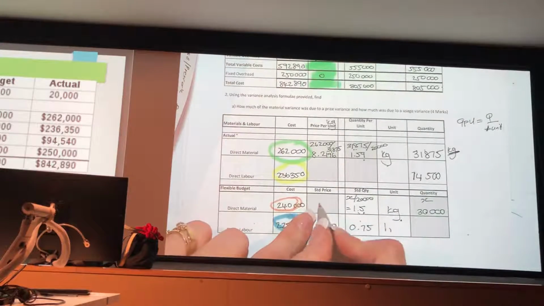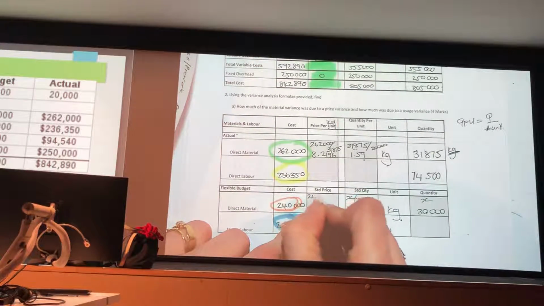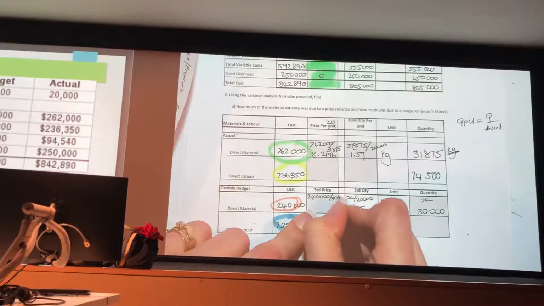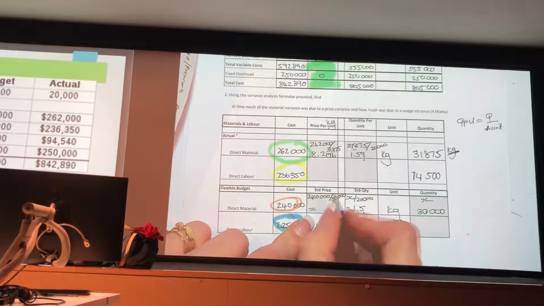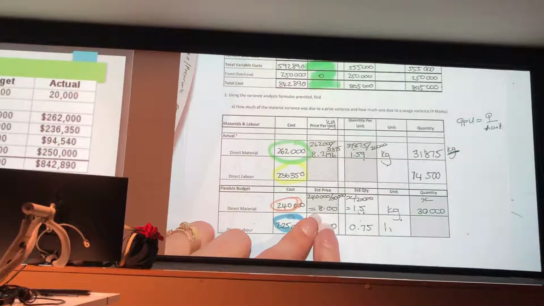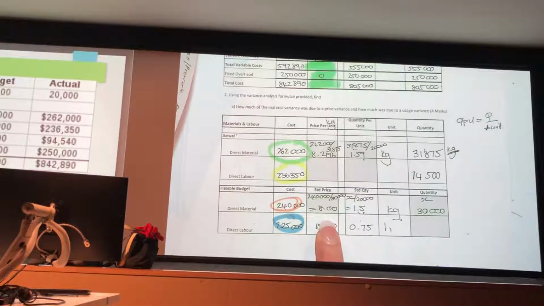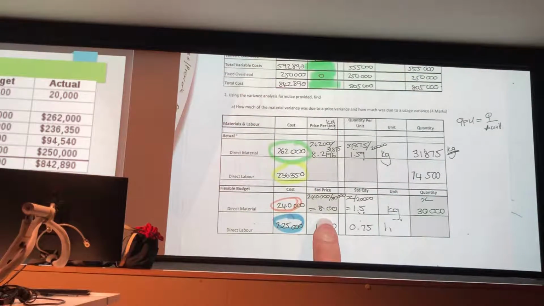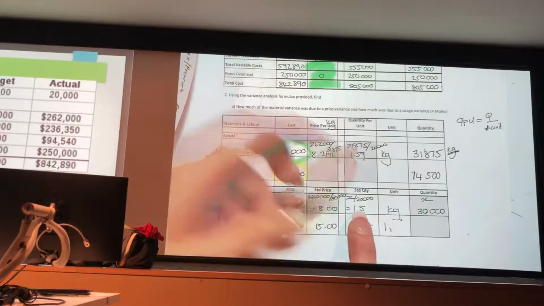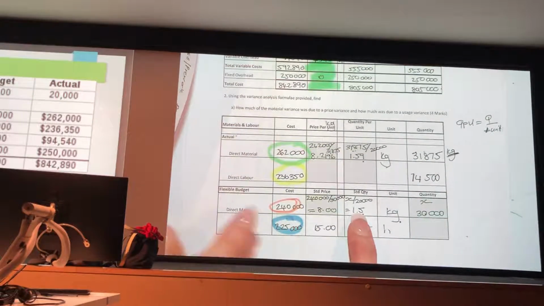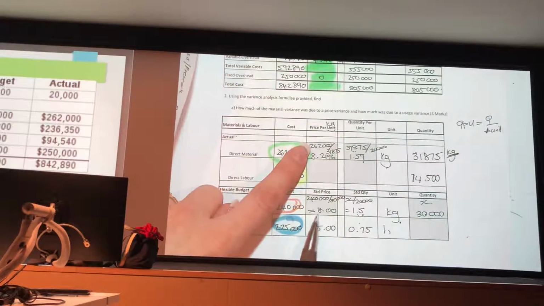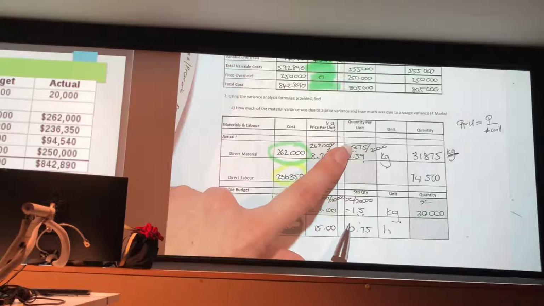And then we can work out this number, which is our 240,000 divided by our 30,000 equals 8. So already we can see the price was different. The actual cost per kilogram was more expensive, but we also used more kilograms per unit. So this is where our variance will come in. Not only was the price per kilogram different, but we used more.